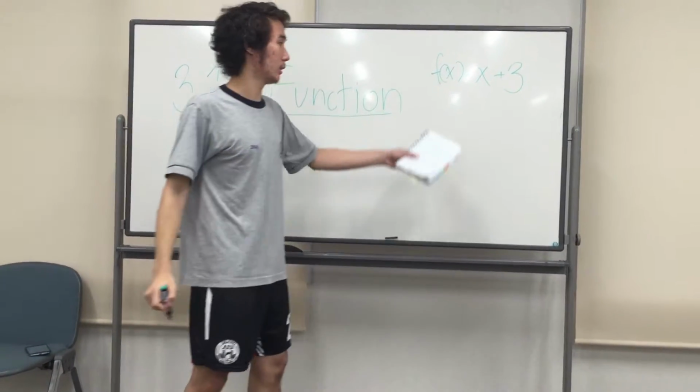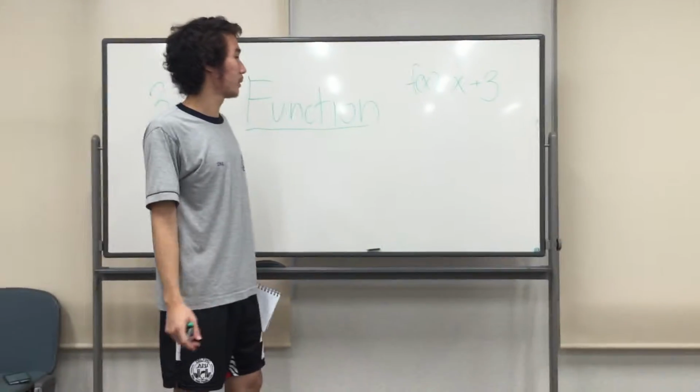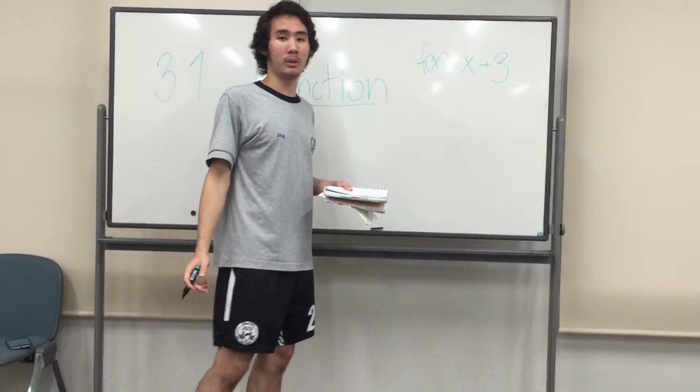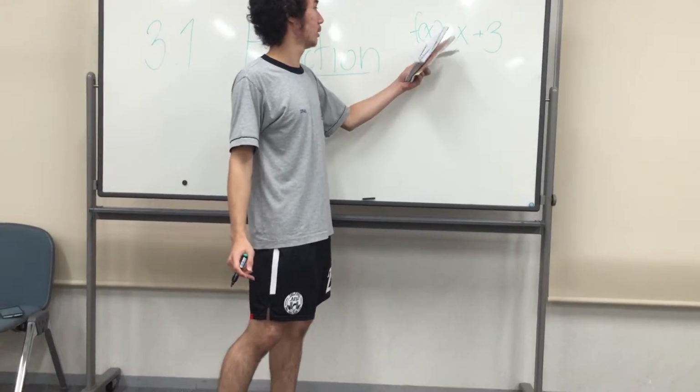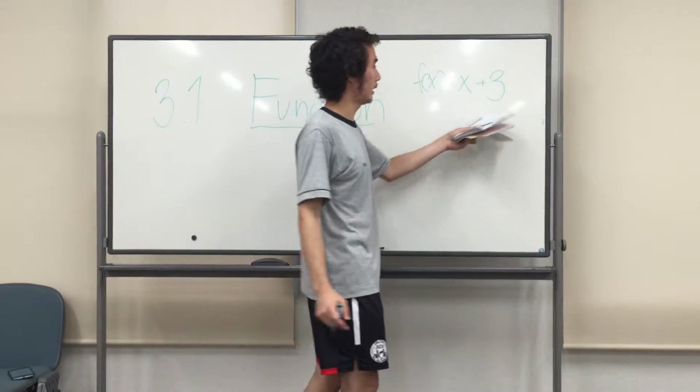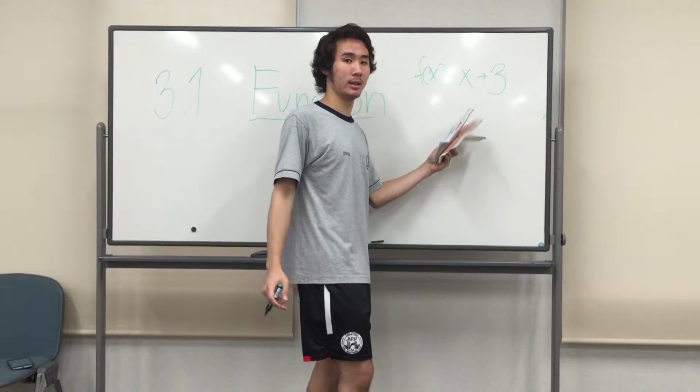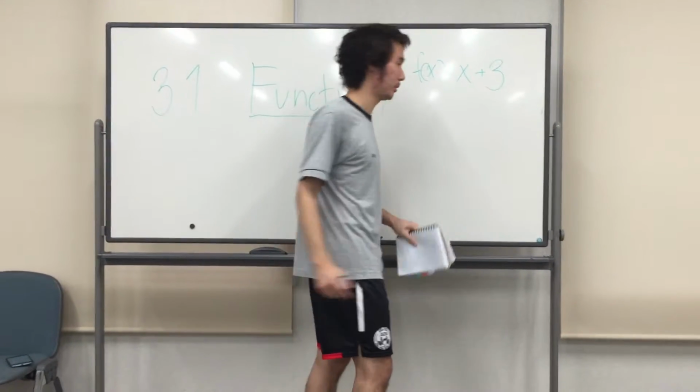I have a function x plus 3. We need to find an output of it, but first we need an input. We plug that input into this function and we get the output.